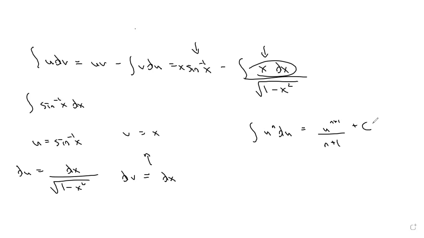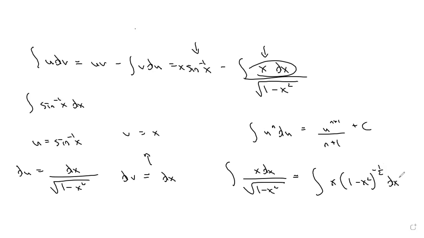So let's just rewrite it down here. So x dx over the square root of 1 minus x squared can be written as the integral of x times bracket 1 minus x squared to the minus 1 over 2 dx.